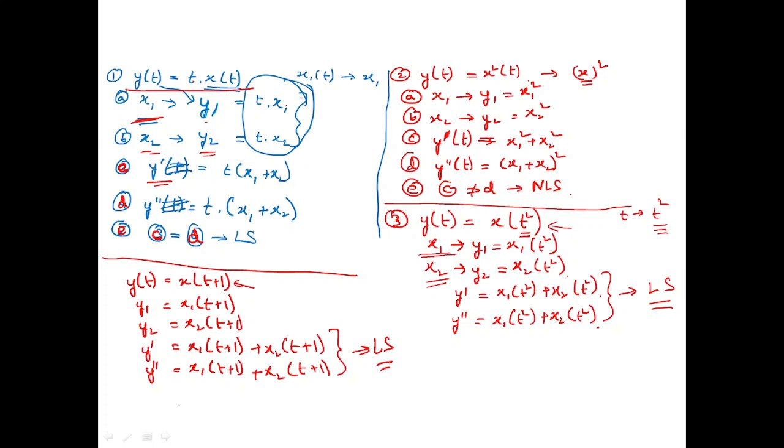That means we are adding up these two numbers here. Okay, and y double dash is when we are adding up both the inputs, x1 plus x2. So if you see, C and D, they are equal. Since C and D are equal, it is a linear system.